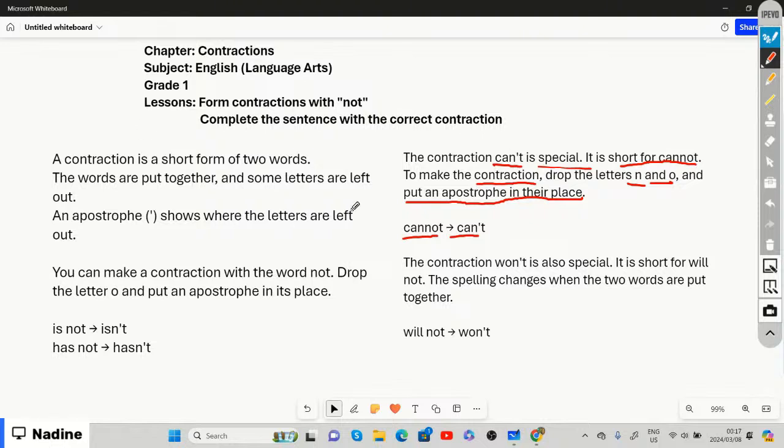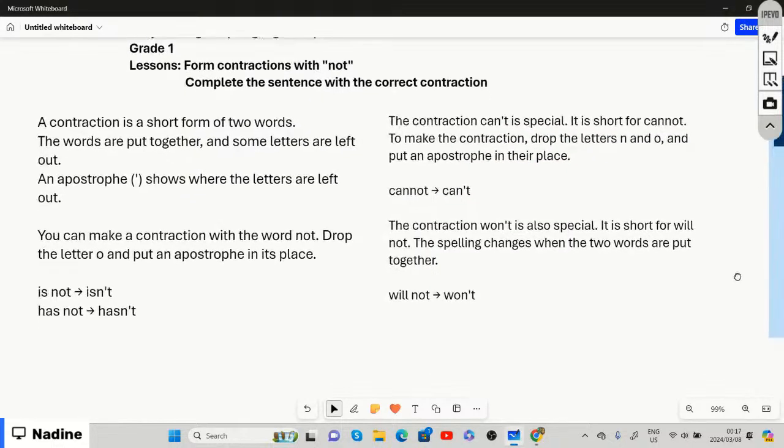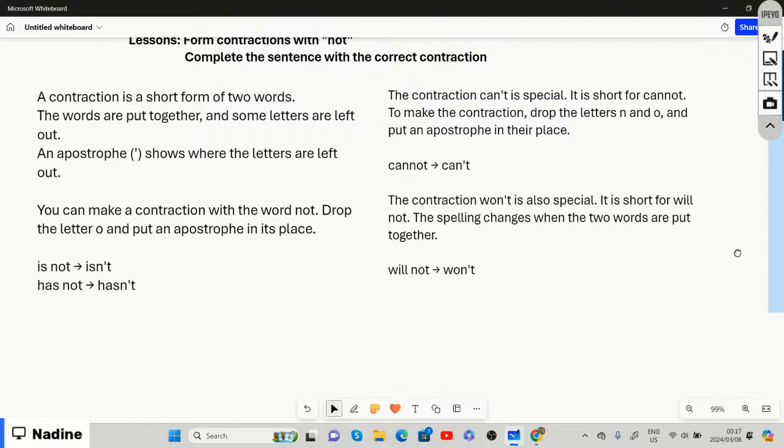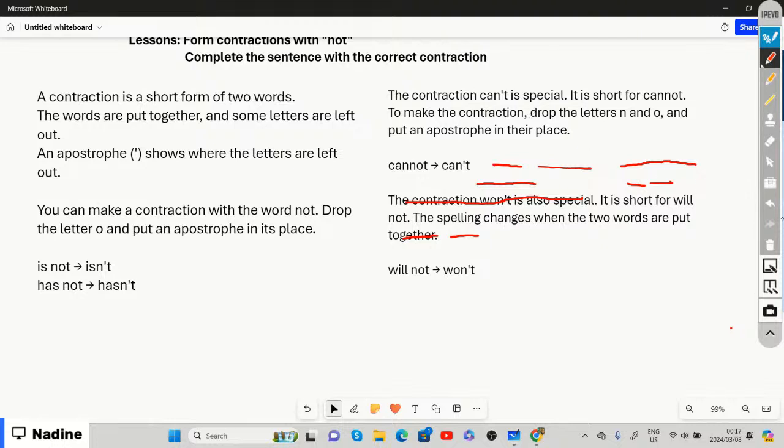So we say that the contraction can't is special, and it is short for cannot, right?